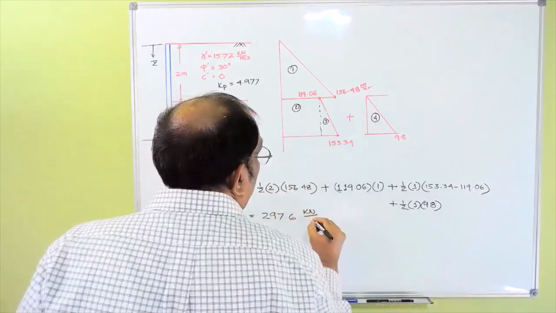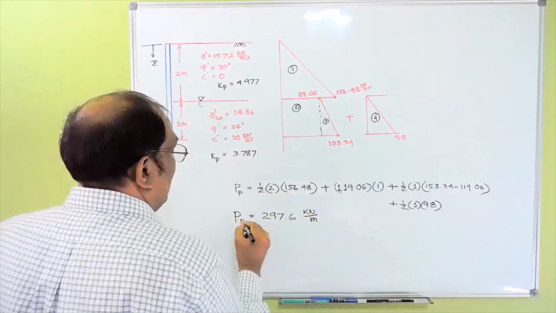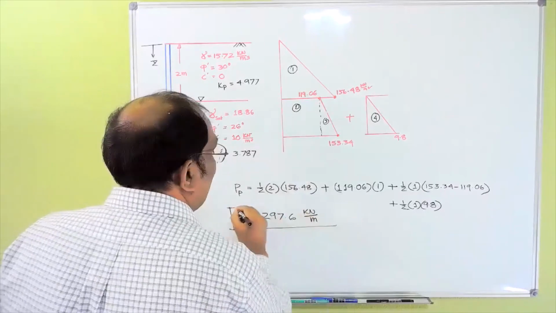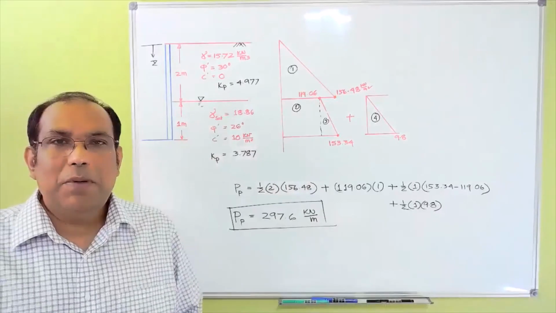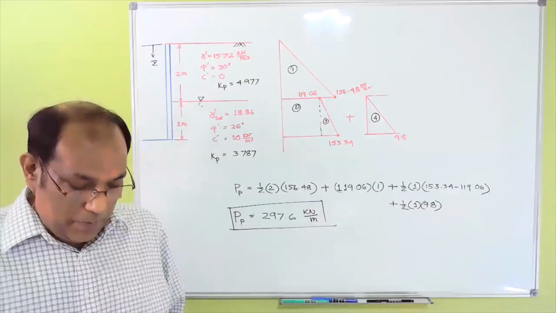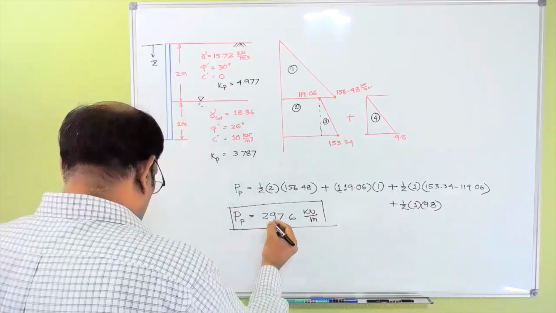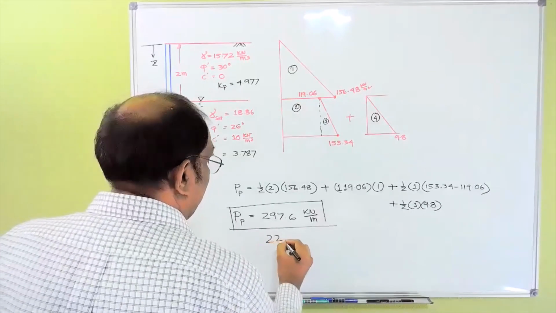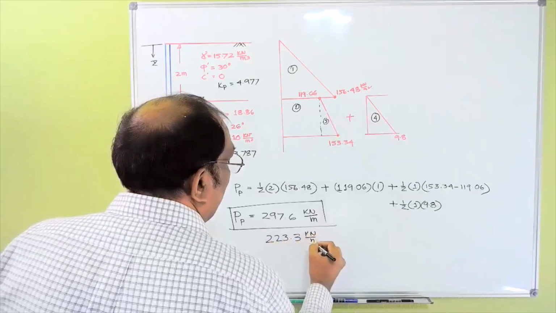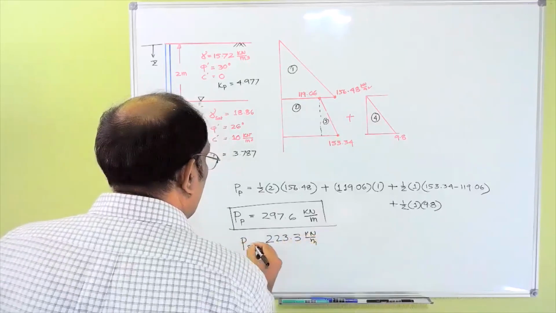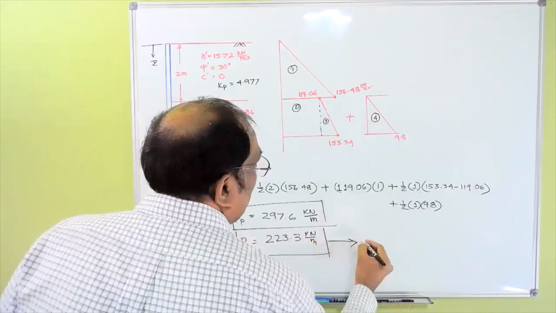kilonewton per meter. Okay, so that's the answer from the Coulomb's method. And you can remember, like from the problem number 5, actually this one was 223 kilonewton per meter according to Rankine's method.